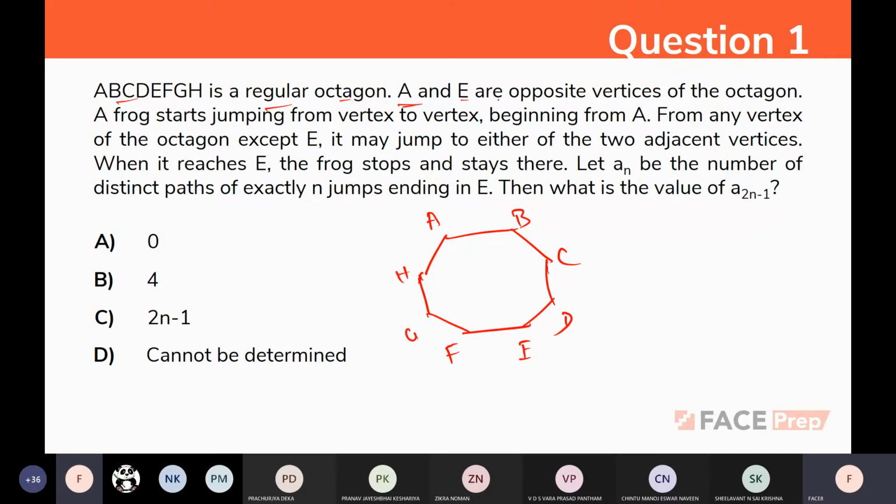So A and E are opposite vertices of the octagon, which we can see in the diagram. Here we come to the main part of the question.